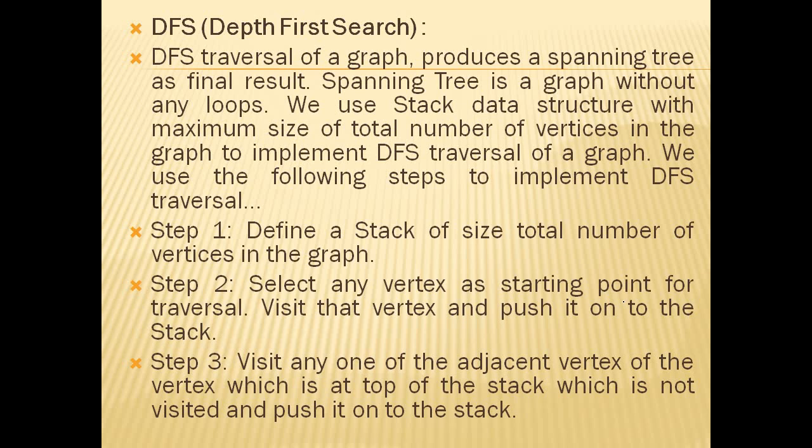A spanning tree is nothing but the graph without any loops. So once you traverse a graph with the help of DFS, it produces a spanning tree. Here we are using a stack data structure with the maximum size of the total number of vertices in the graph.